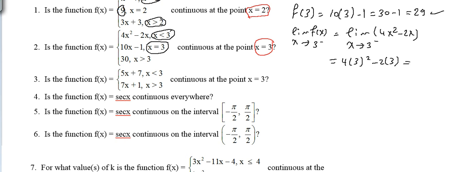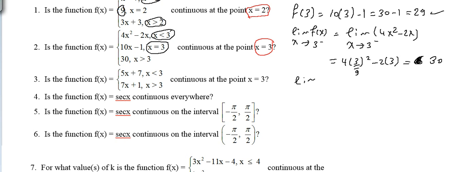The answer is 12 minus 6, sorry, the answer is not 6. This is 3 squared, which is 9. 4 times 9, 36, minus 6.